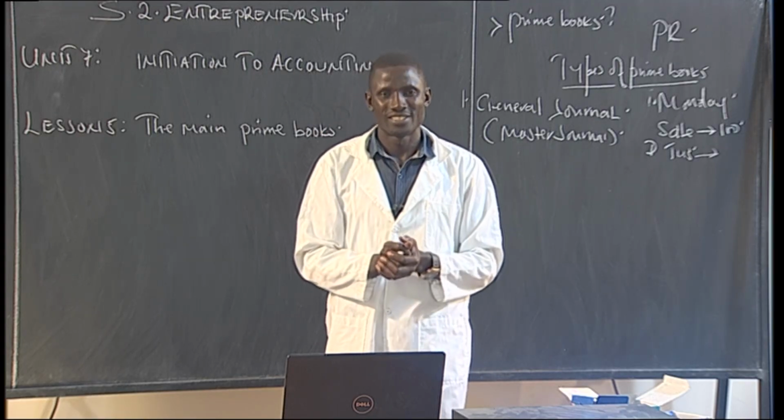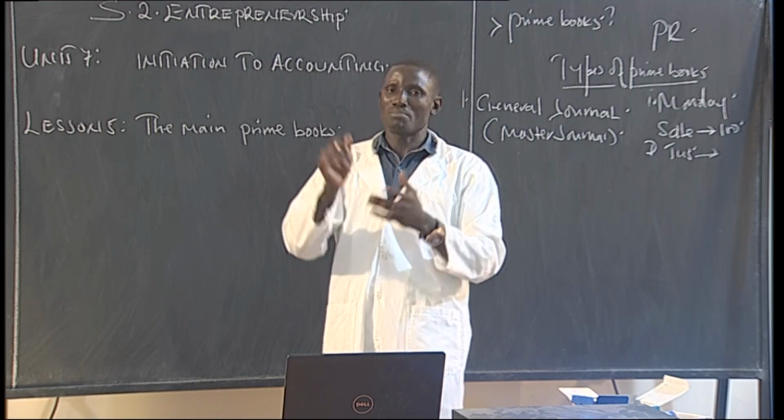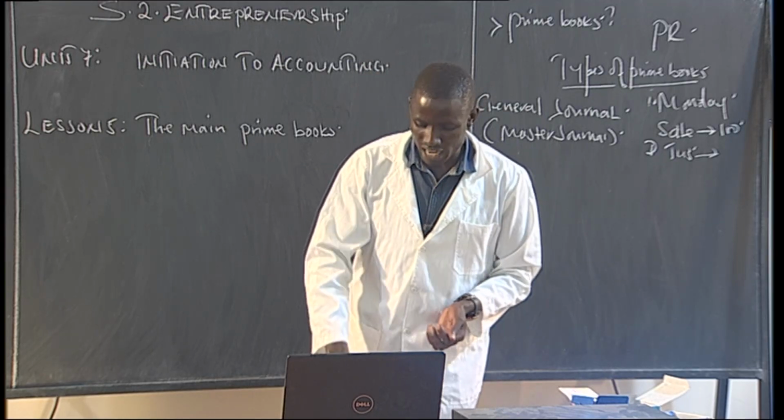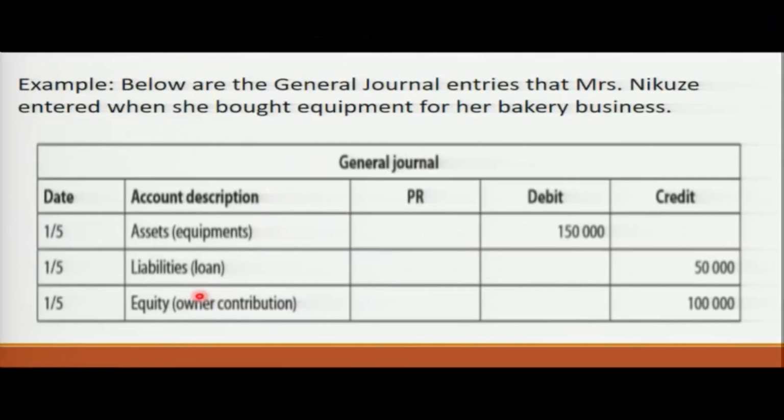Medication. It is an intangible asset. Are we together? Then we are having liabilities. A liability, for example, a loan, isn't it? Then we are having equity or owner's distribution, and the others that you want to include on your general journal.